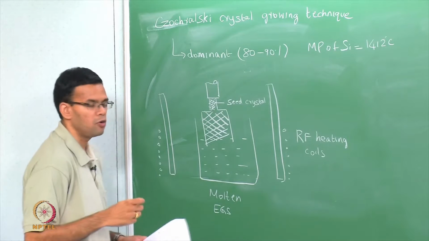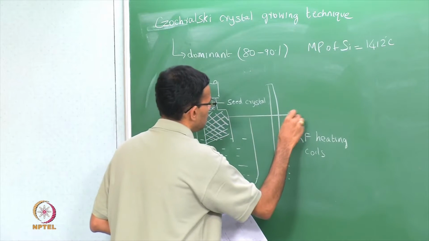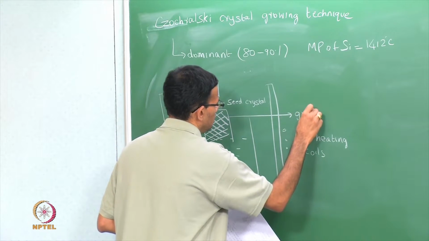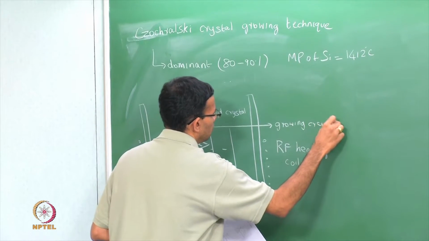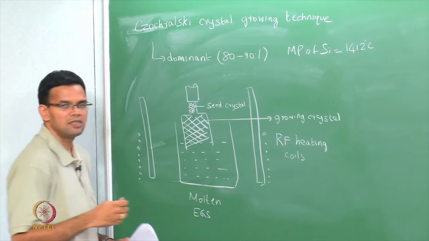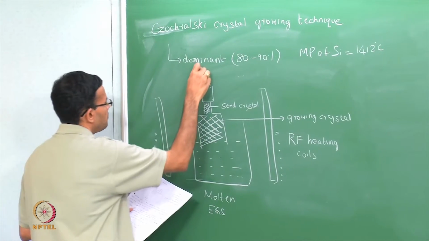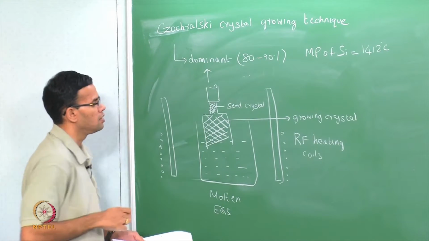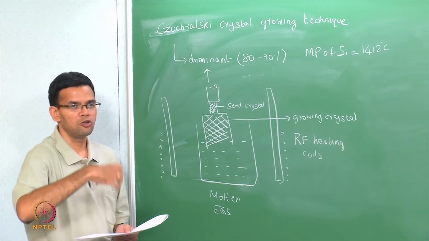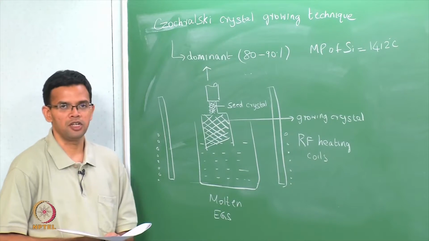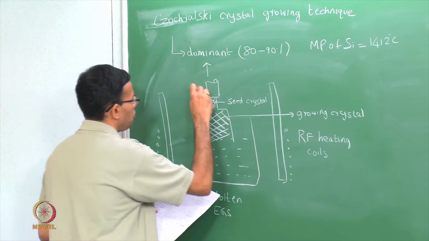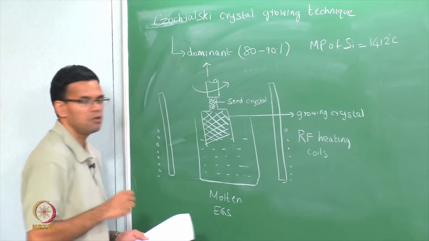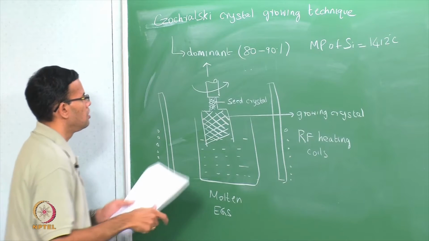So, you have a growing crystal here. As the seed crystal is pulled away, the growing crystal also grows and has the same orientation as the seed. This is also rotated in order to get a uniform wafer.